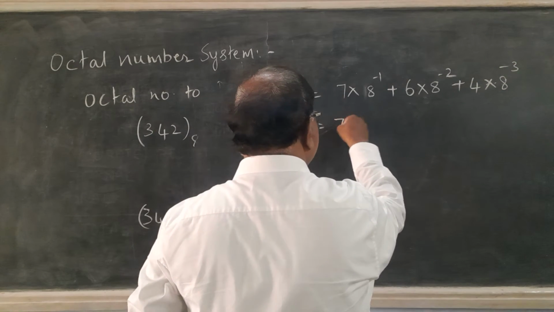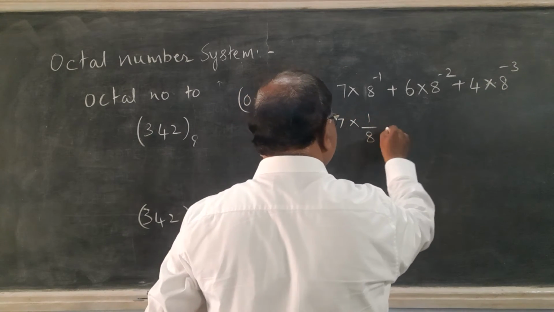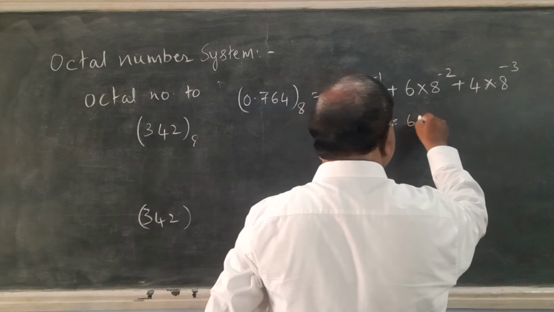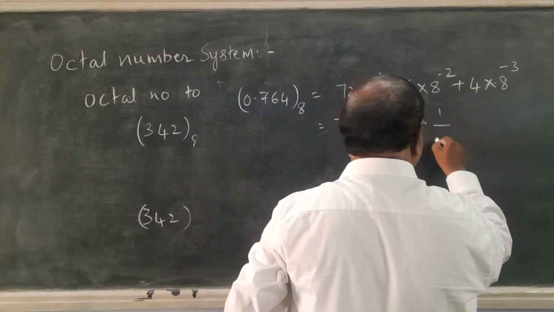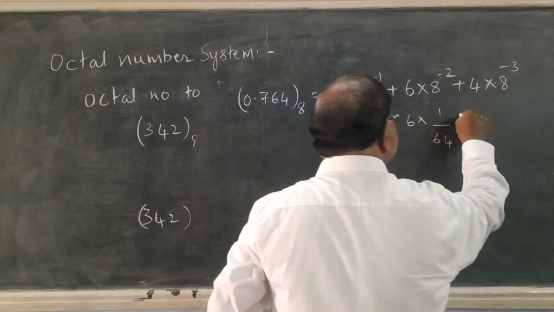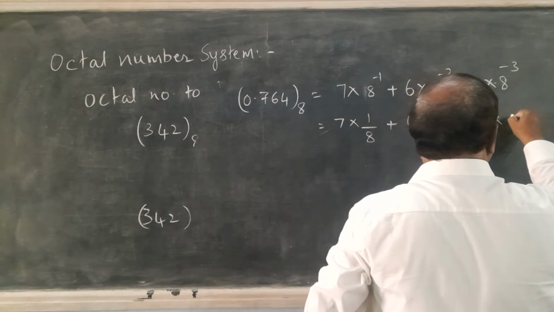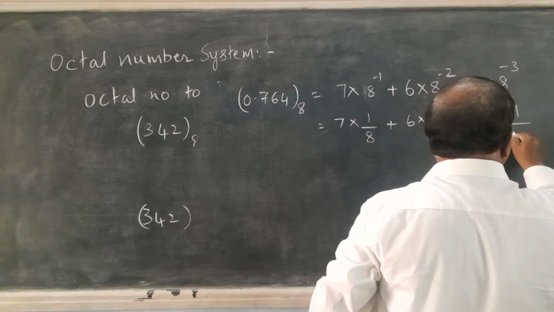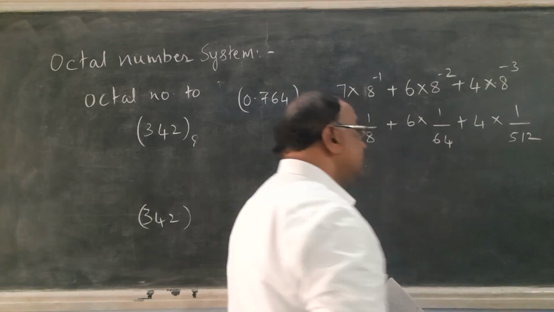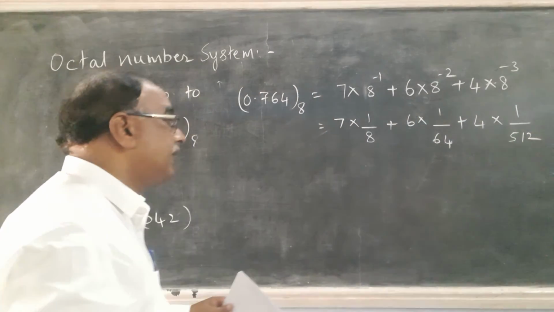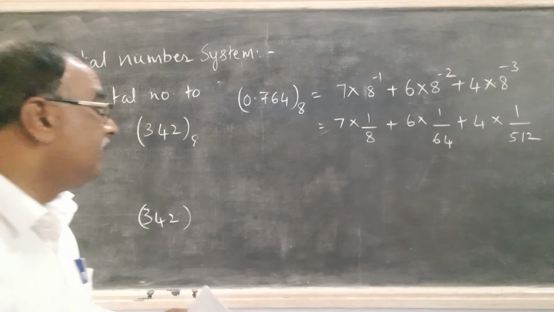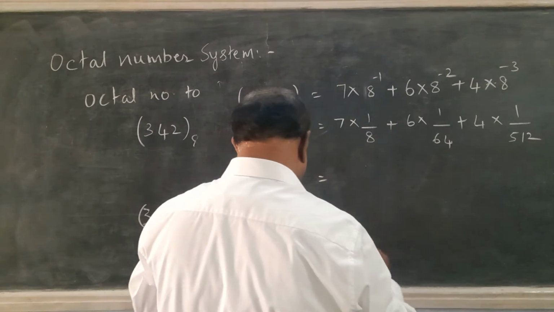That is 7 into 1 by 8, plus 6 into 1 by 8 squared, which is 64, plus 4 into 1 divided by 8 cubed, which is 512.